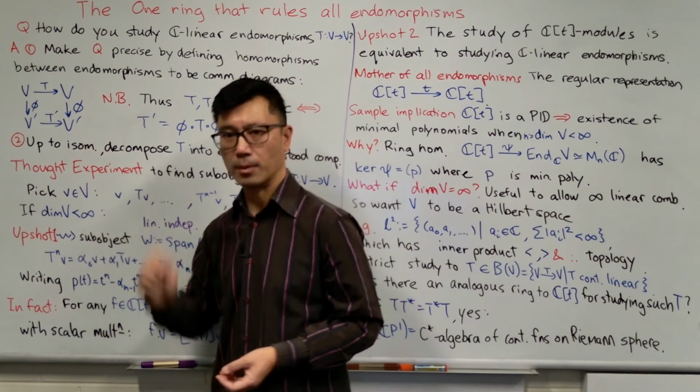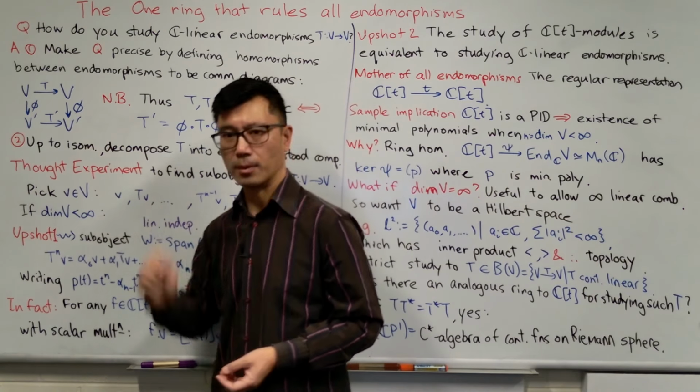Well, this is already an abelian group, so I just have to tell you how you scalar multiply by any of this f. And the way f acts on any vector v, this is any vector v now inside this big V, is you look at this linear endomorphism f of capital T, and you let that endomorphism act on this V. Okay, so this is the key point.